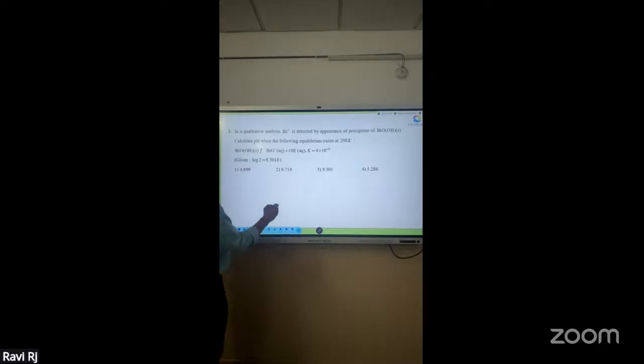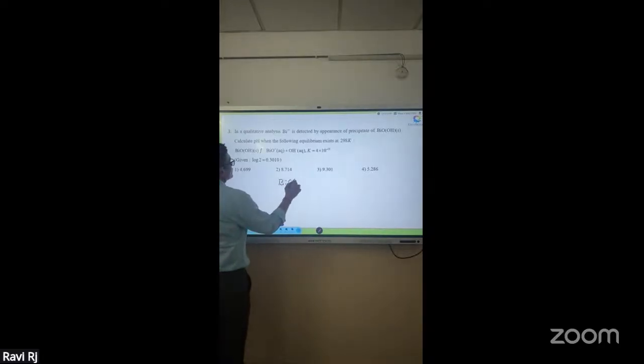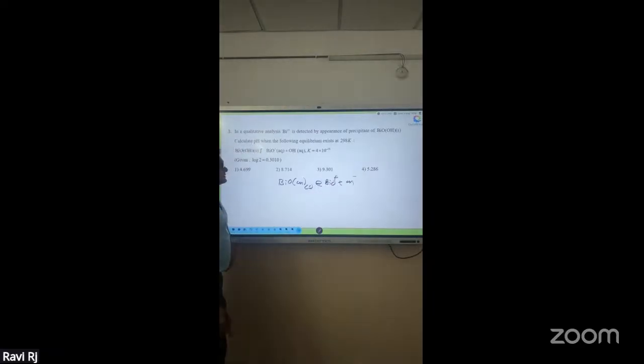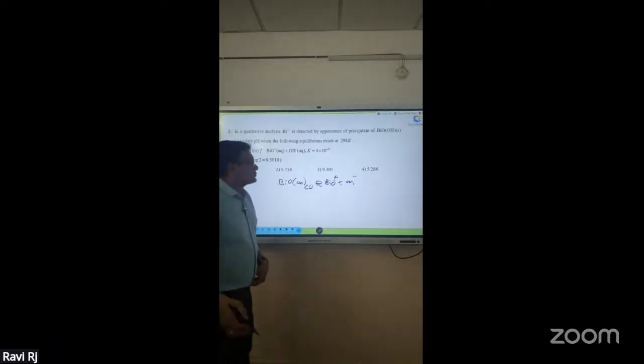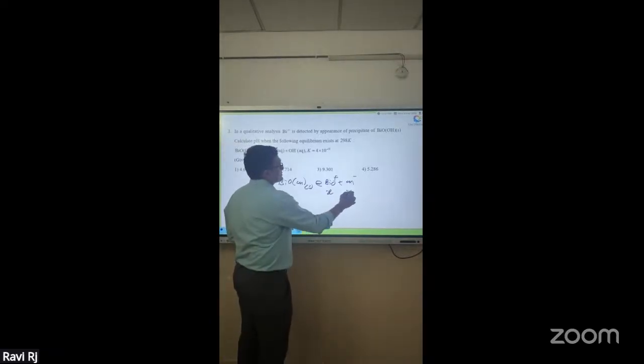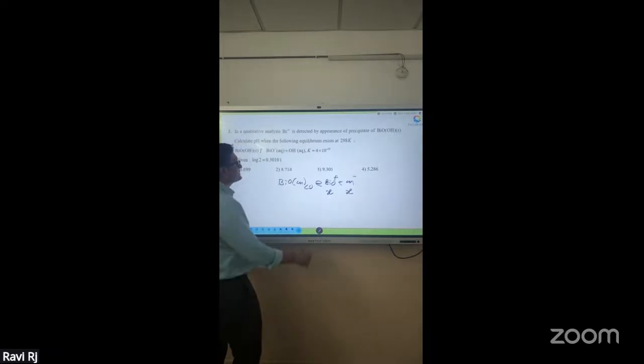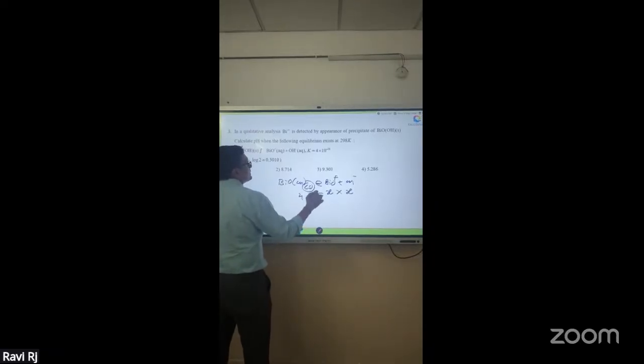There is an equation given: solid BiOOH is in equilibrium with BiO plus and OH minus. Let's assume that the concentration of BiO plus produced is X, then OH minus is also X. The equilibrium constant would be the product of these two divided by 1, because this is a pure solid, equal to 4 into 10 to the power minus 10.